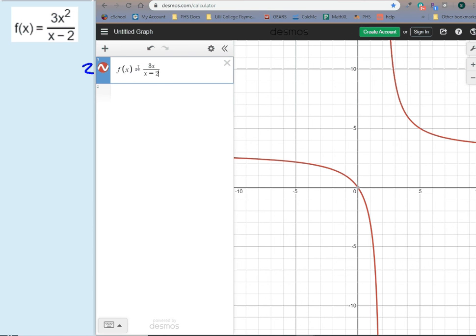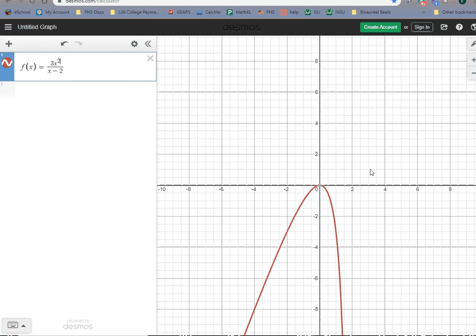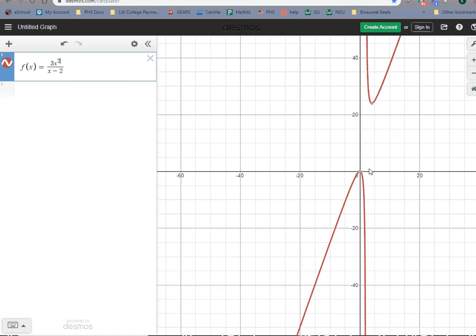Oops. Gotta go fix that squared. All right, so there's my function. What happens if I zoom out?